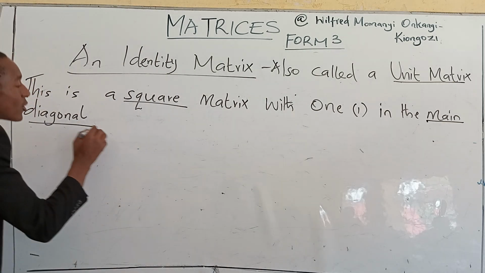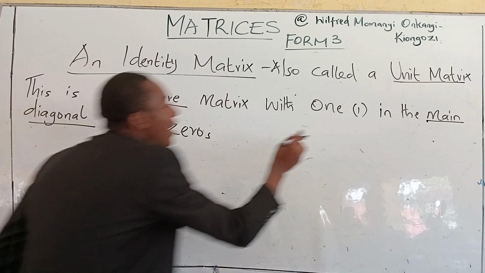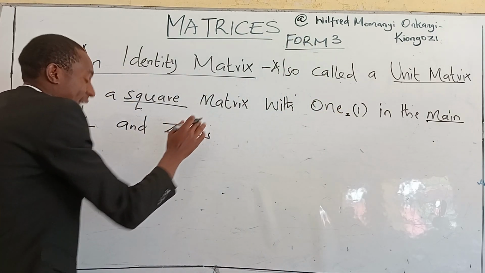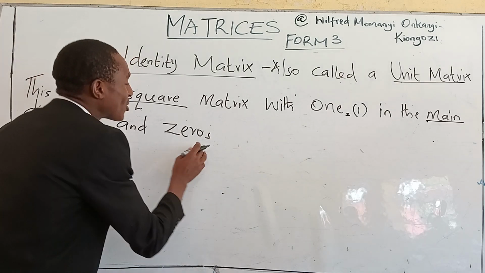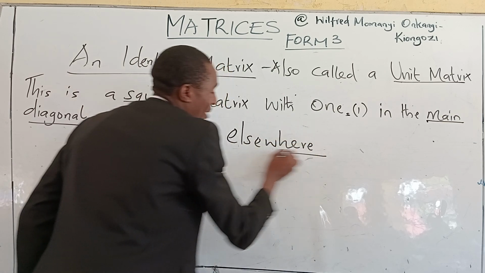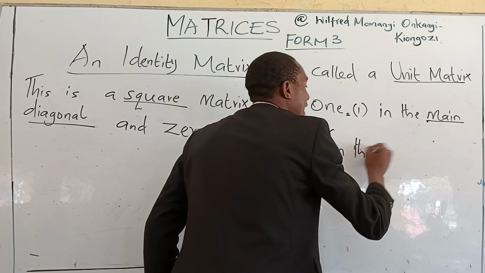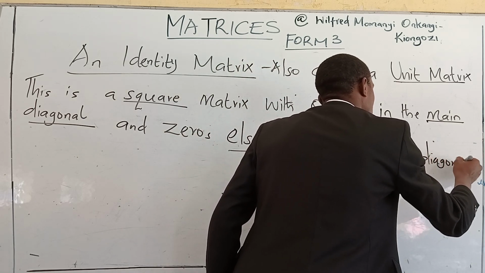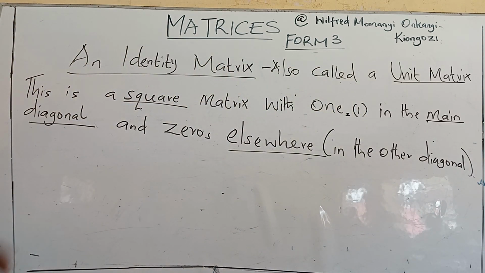So ones in the main diagonal, and zeros in the other diagonal, and zeros elsewhere. This one, elsewhere, can also mean in the other diagonal.